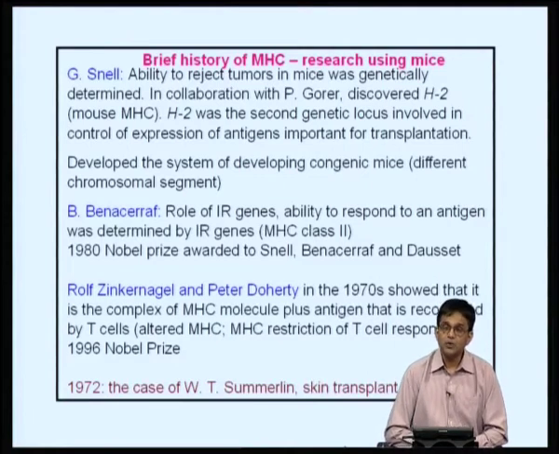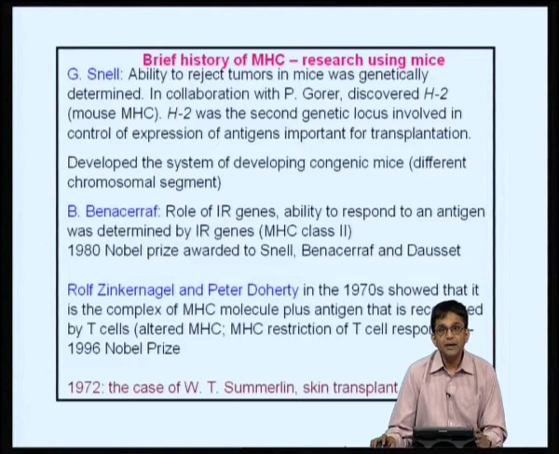George Snell collaborated with his friend Peter Gorer and discovered this complex. And H2, why is it 2? H2 was the second genetic locus involved in control of expression of antigens important for transplantation that Gorer had found. And so the collaboration proved to be extremely useful.